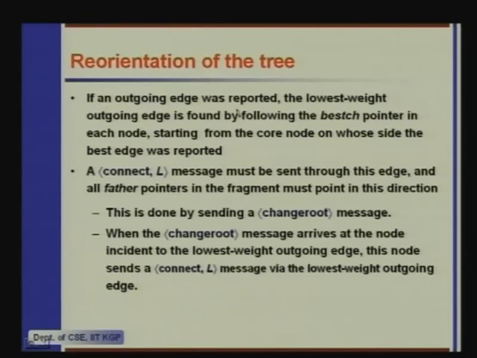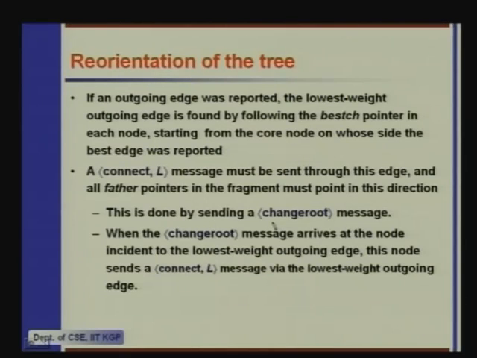If an outgoing edge was reported, the lowest weight outgoing edge is found by following the best CH pointer in each node, starting from the core node on whose side the best edge was reported. And then a connect L message must be sent through this edge, and all further pointers in the fragment must point in this direction. This is done by sending a change route message.